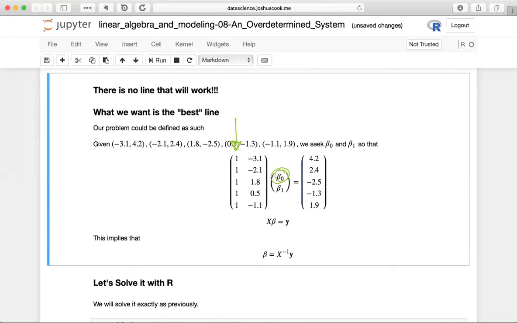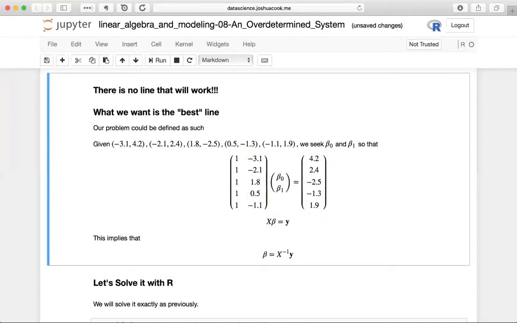Then I've got a column of my x values, which are going to go with the beta 1, and a column of my y values. I make it by taking each x and putting it into a column, and each y and putting it into a column vector.